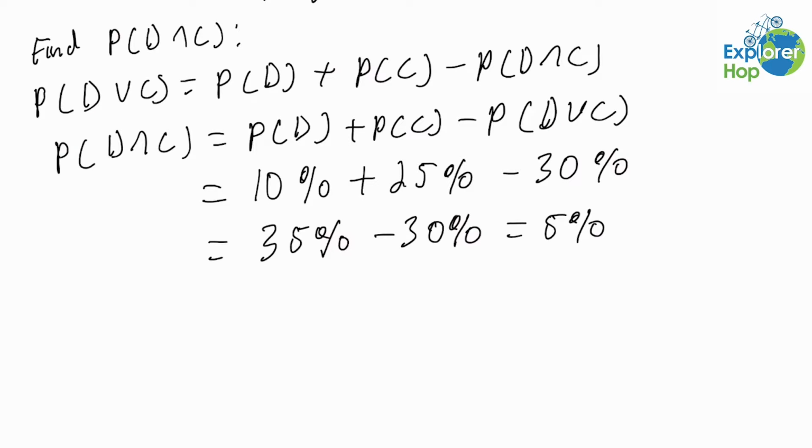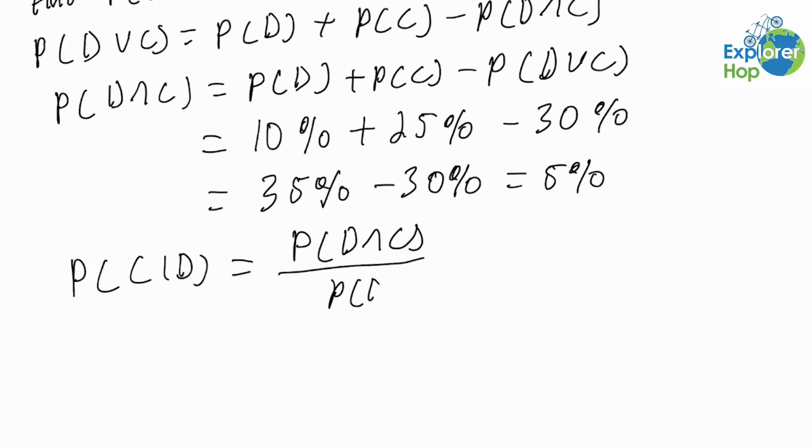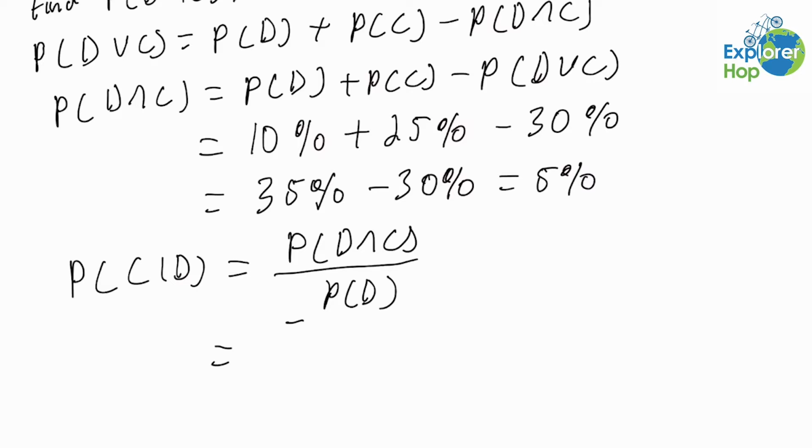And now we can go ahead and find the probability of C given D. So therefore, the probability of C given D is equal to the probability of the intersection of D and C divided by the probability of event D, which is equal to 5% divided by the probability of event D, which is 10%.